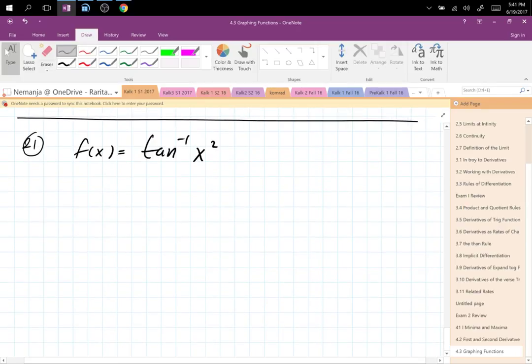No, no, no. Tangent inverse of x squared should go quick.